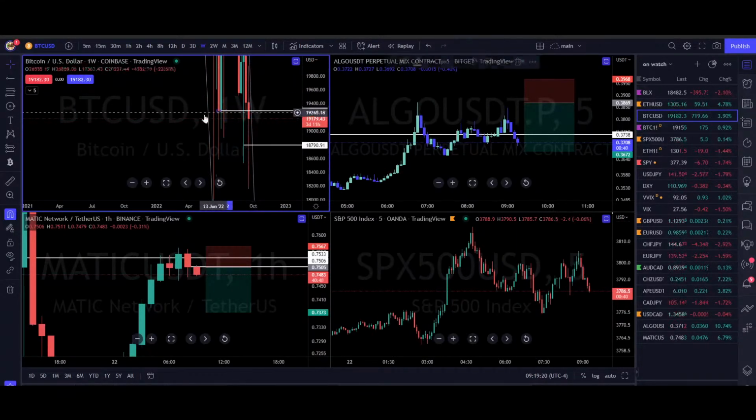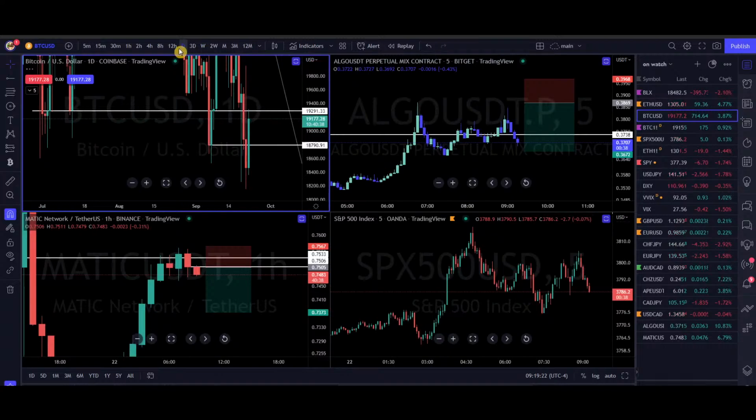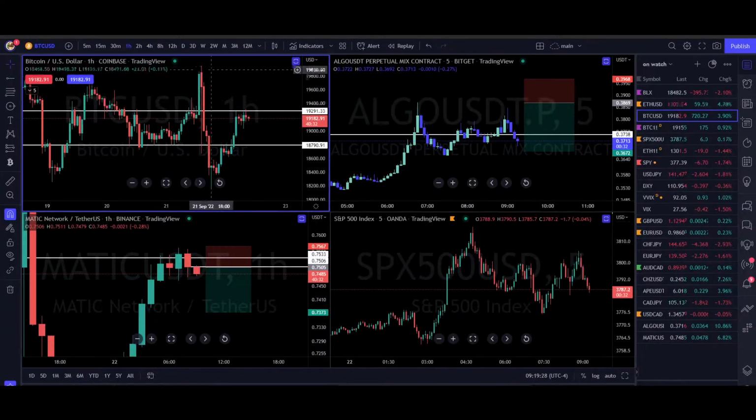This was what we had marked. Old weekly support. Since yesterday, this is the first time that you've retested weekly support since the breakdown, since the daily close under it. So this is an opportunity.